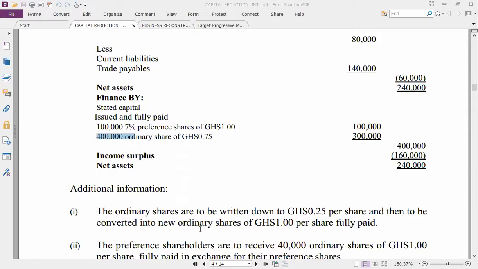No longer 25 pesos. It must be valued at 1 cedi. If we have cancelled 200,000 out of the 300,000, we are left with 100,000. Those 100,000, we should now value at 1 cedi. So it means the number of shares reduces from 400,000 to 100,000. That's the implication.